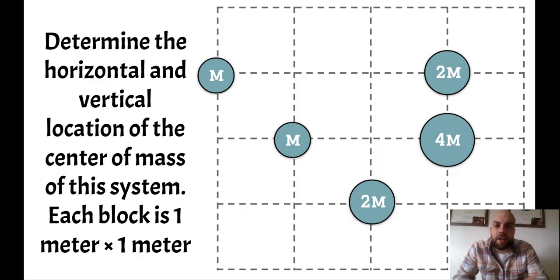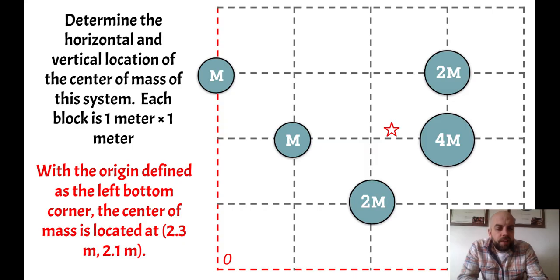You just replace your x's with y's. For this one, you're going to need to choose your own origin, and that might be different from the person next to you, but you can definitely say where the center of mass is. So, pause the video, take some time and analyze where the center of mass is, and then figure that one out.